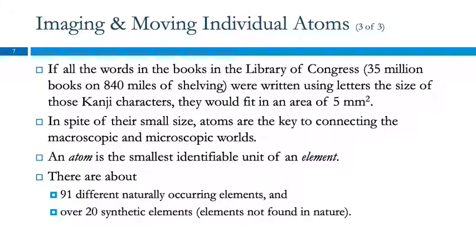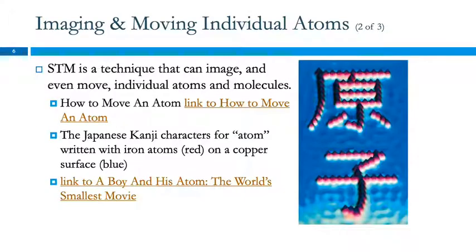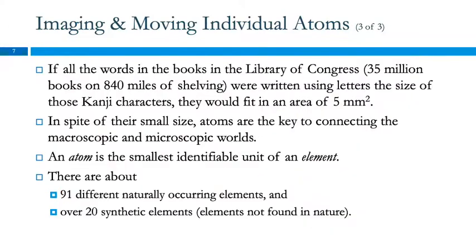Just to give you an idea of how small those letters are, here are those kanji characters. If we used letters of that size, we could take all the words in the books of the Library of Congress, which is 35 million books, and if you put them end to end on a shelf, it'd be 840 miles of bookshelf, books standing vertically.